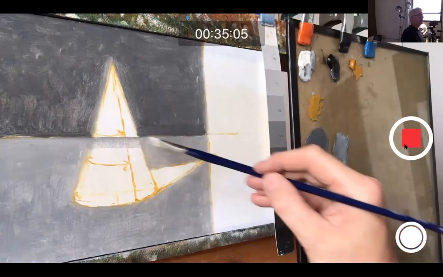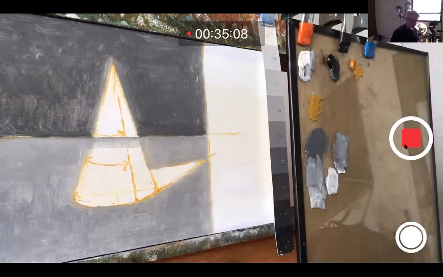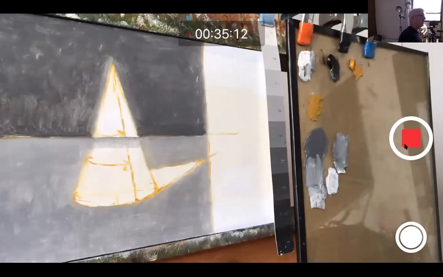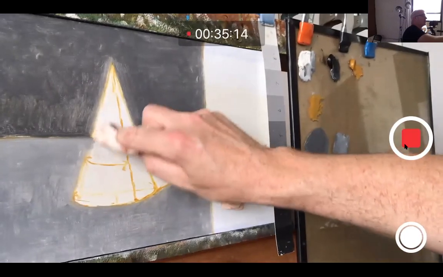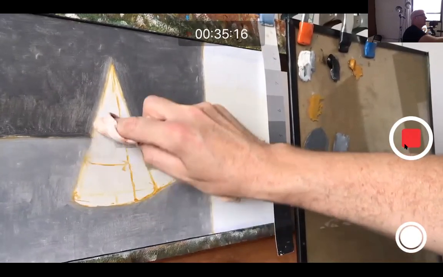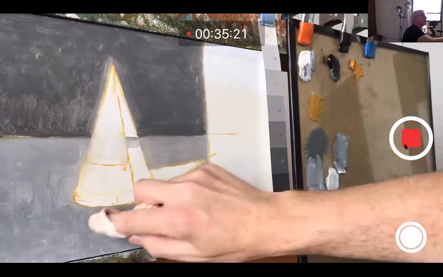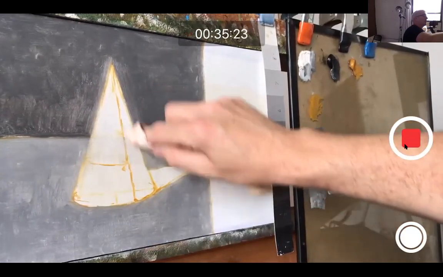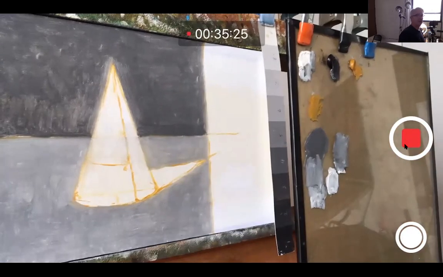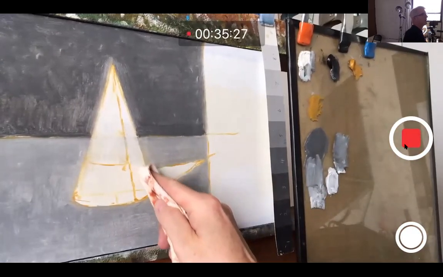You want to paint these as separate areas for a couple reasons. One, you want to be very conscious of looking at values of light and shadow. So you don't want to be thinking in terms of coloring in just a large mass of local value.